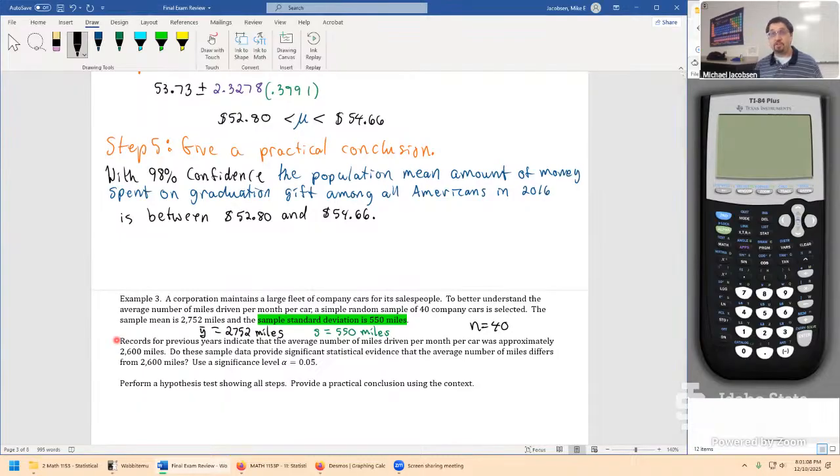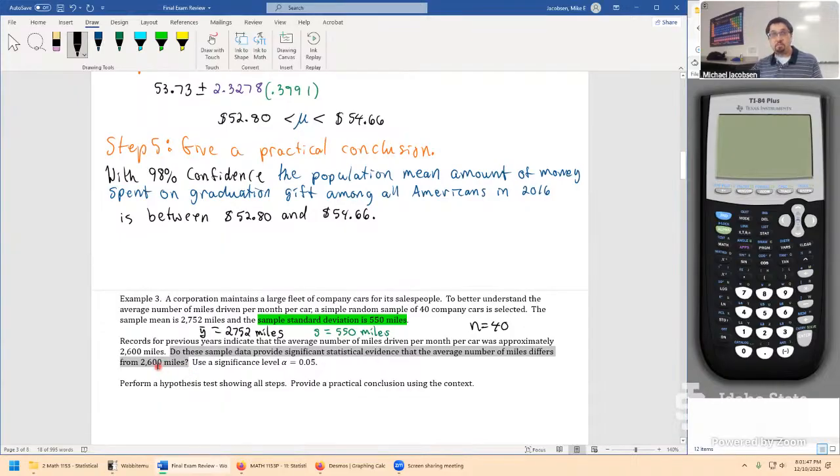Here's where the next part of the problem comes into play. Records for previous years indicates that the average number of miles driven per month per car was approximately 2,600 miles. That sounds like a hypothesized value, mu naught, when they mention that. There's a question mark here, so that's possibly the alternative hypothesis. Do these sample data provide significant statistical evidence that the average number of miles differs from 2,600 miles?